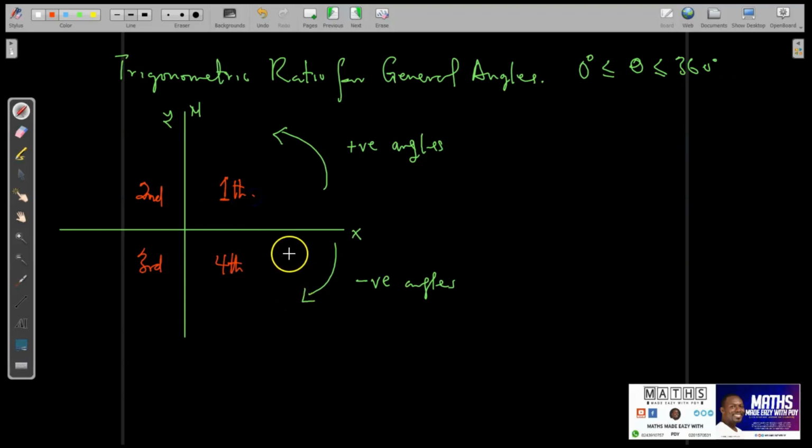And interestingly, the behavior of all the trig ratios looks different within the quadrant system. And the basic trig ratios are sine, cosine, and then tangent.